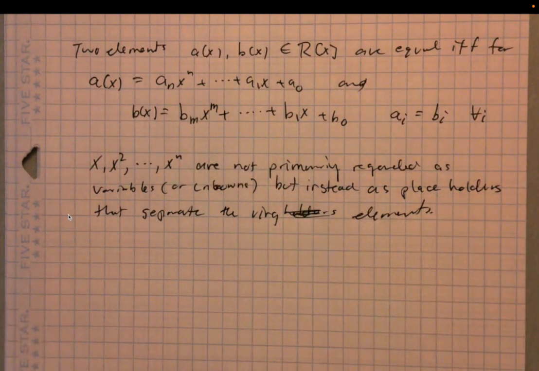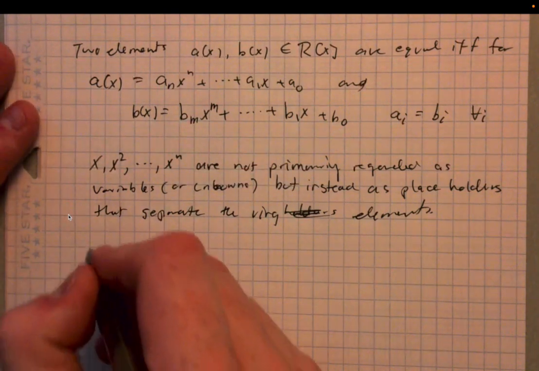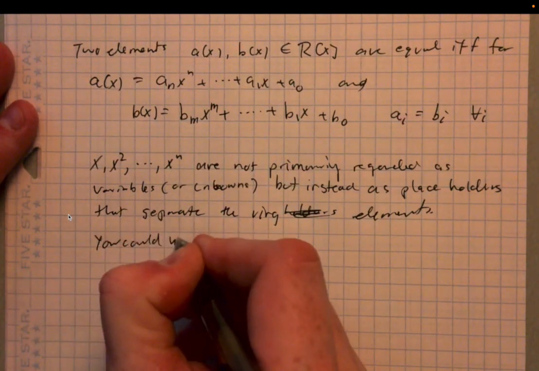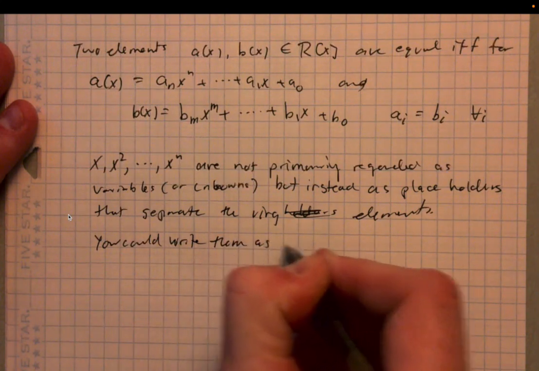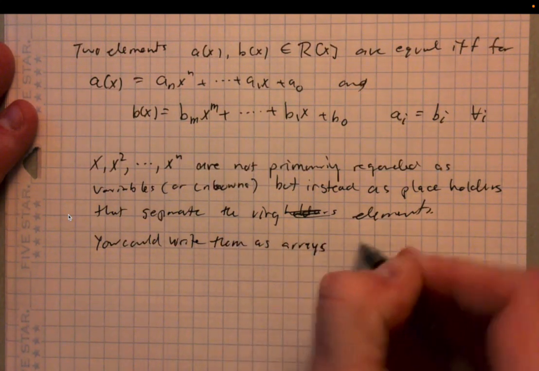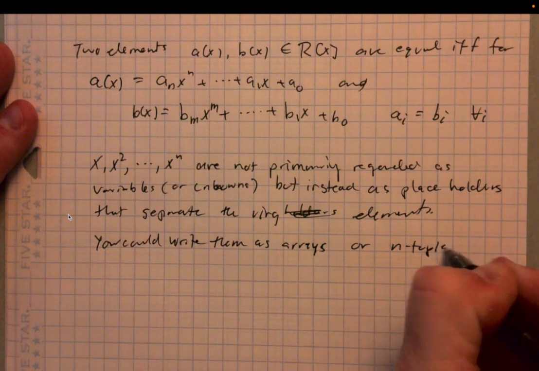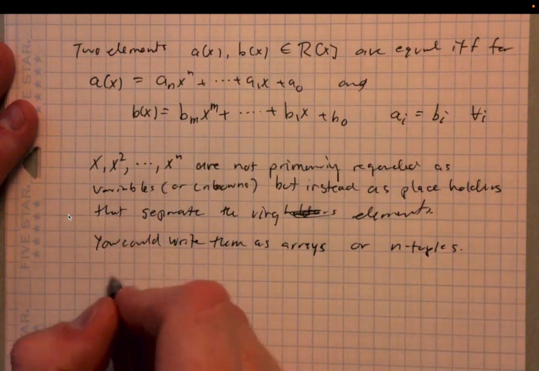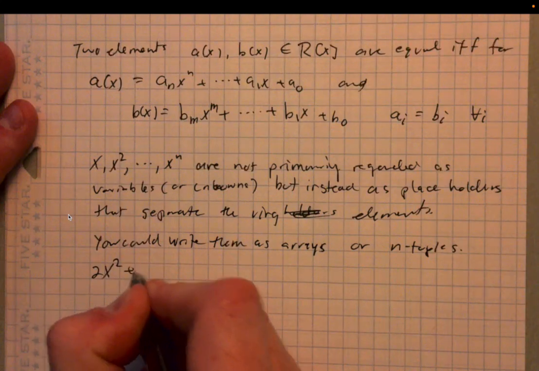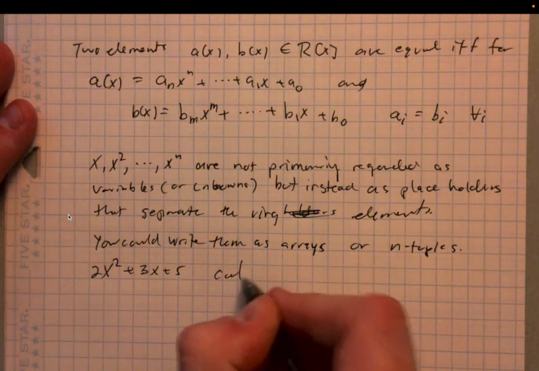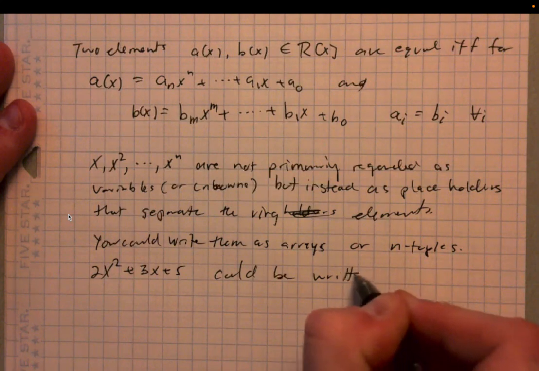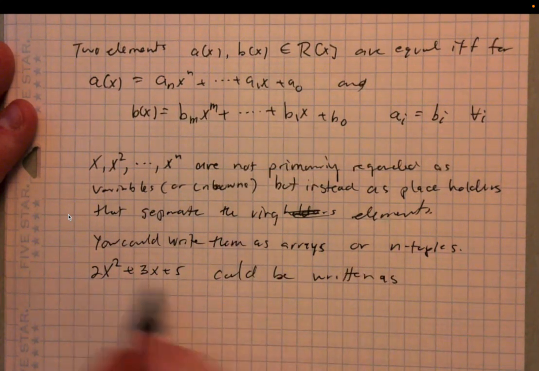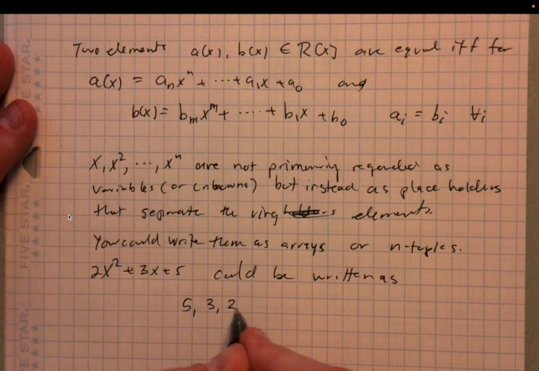Really, it would be equivalent to just treating them as arrays. You could write them as arrays or n-tuples, however you want to think of it. So for example, 2x squared plus 3x plus 5 could be written as 5, 3, 2, 0, 0, and so on.